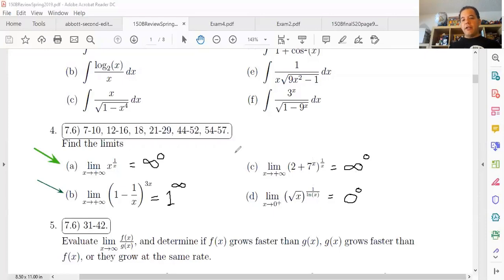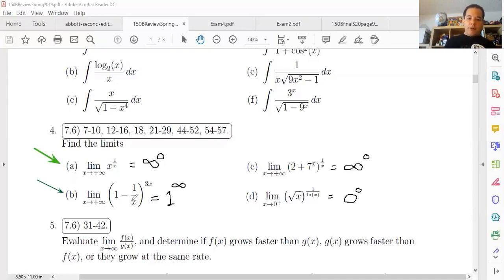And these are the 3 examples of these indeterminates: infinity to the 0, 0 to the 0, or 1 to the infinity. These are the three kinds. So to do them, you need to call that limit L, apply the logarithm, and then use L'Hopital's rule. All right, so let's take a look at maybe we could do 2 of these.